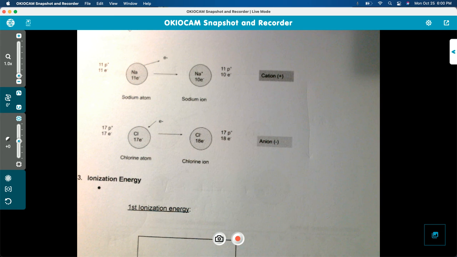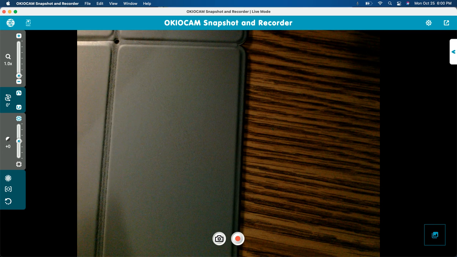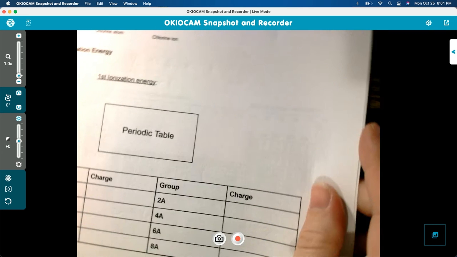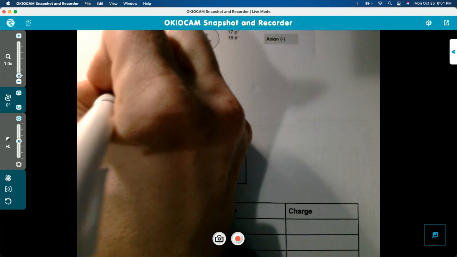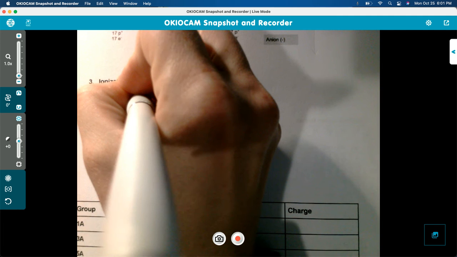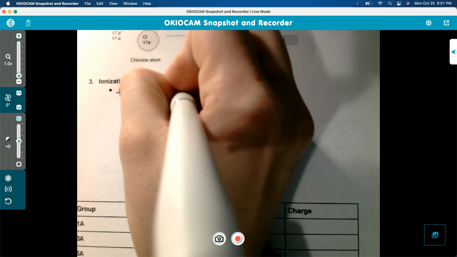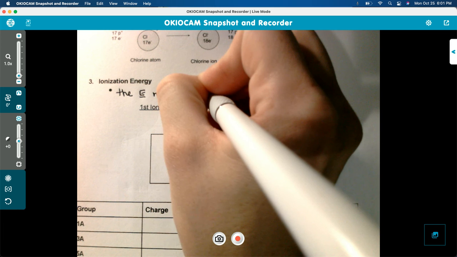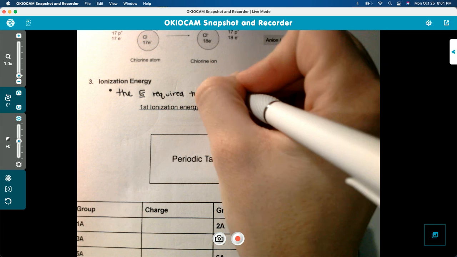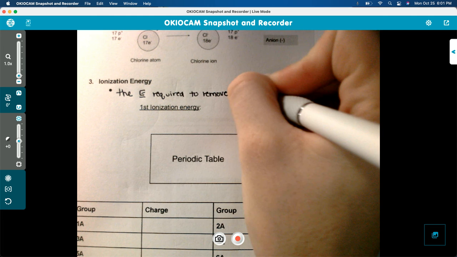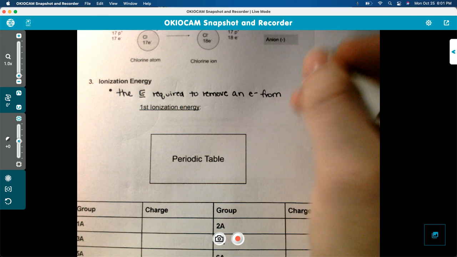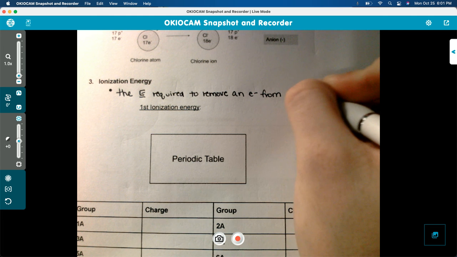We need this to help us understand what is known as ionization energy. So ionization energy is going to be the energy required to remove an electron from an atom. Okay?